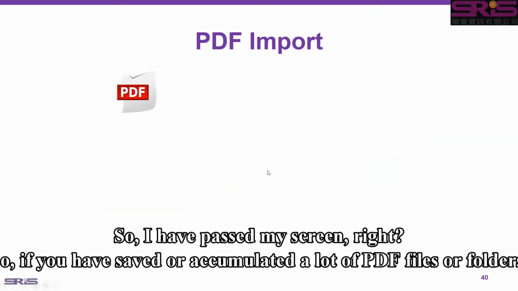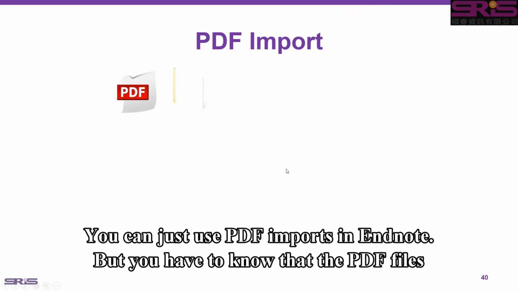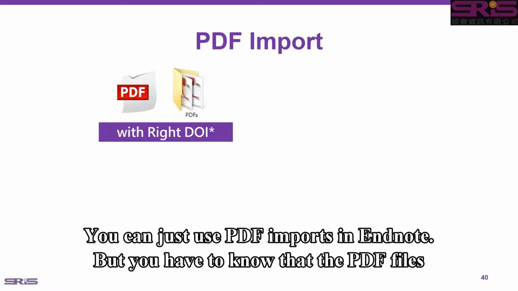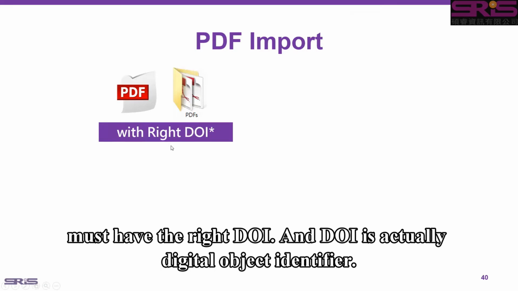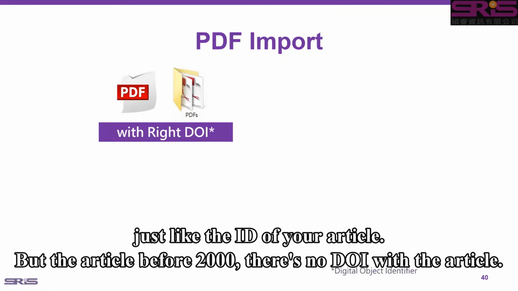If you have saved or accumulated a lot of PDF files or folders, you can just use PDF import in EndNote. But you have to know that the PDF file must have the right DOI, which is the digital object identifier, just like the ID of your article.